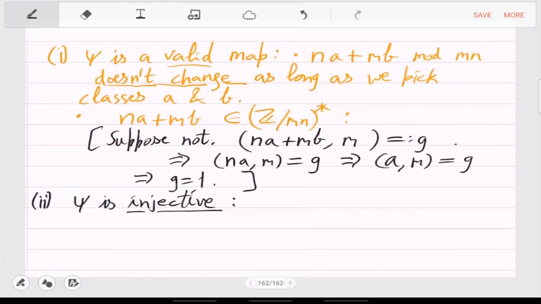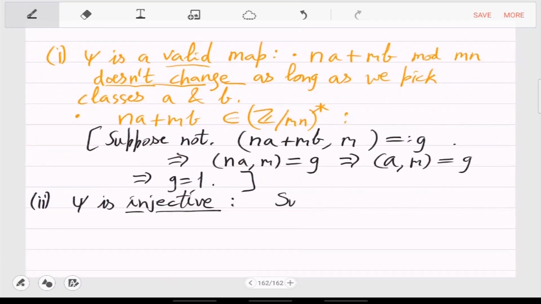So suppose they do. Suppose Na plus Mb is Na prime plus Mb prime mod Mn. Right, so you took a pair a comma b, another pair a prime b prime, and their images are the same.